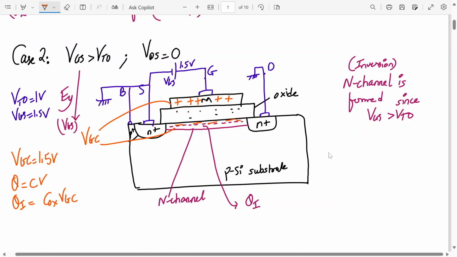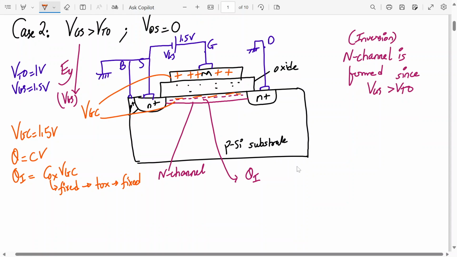Cox is fixed because Tox is fixed. VGS is the same throughout the channel. So that means QI is fixed, right?